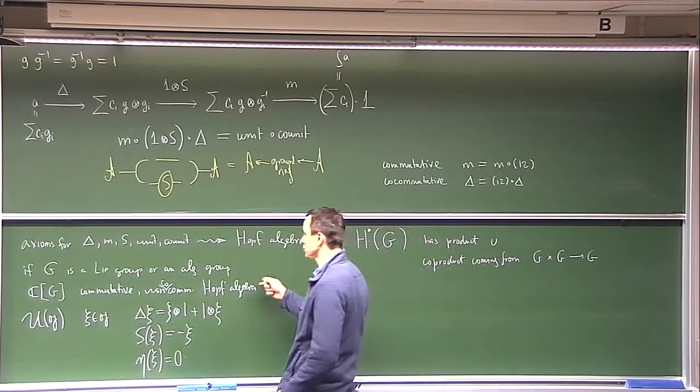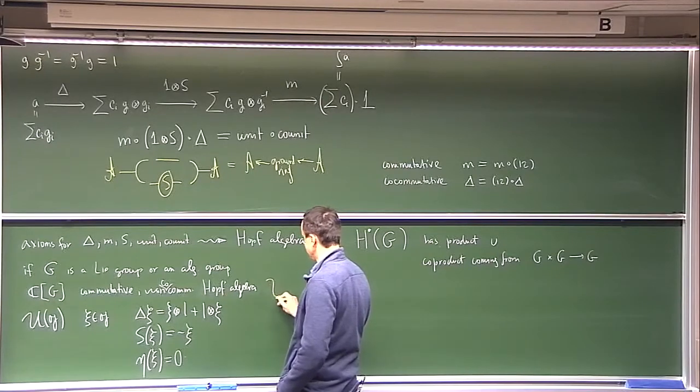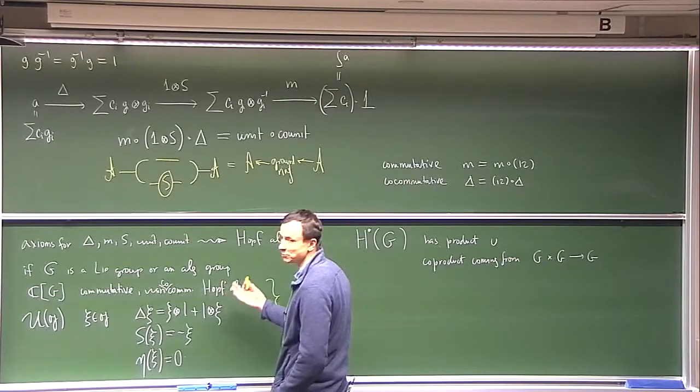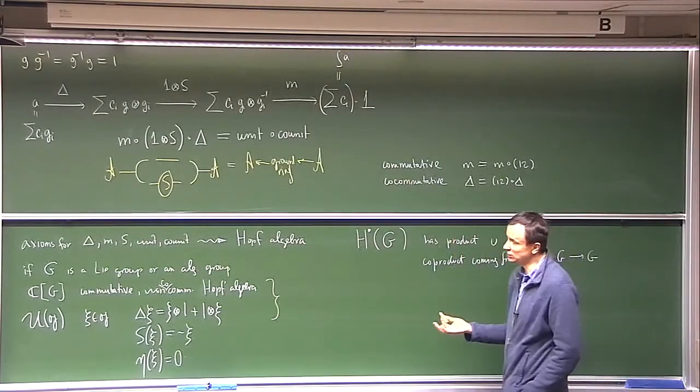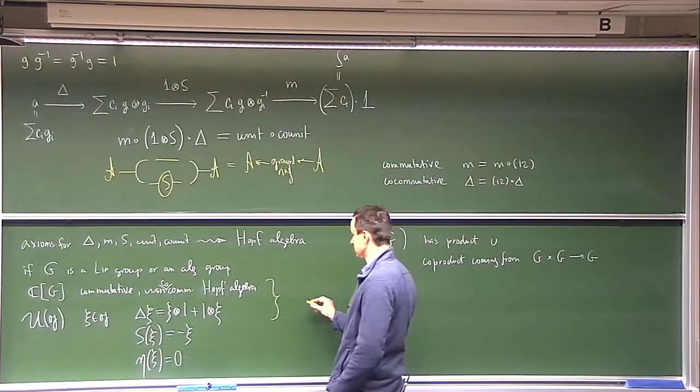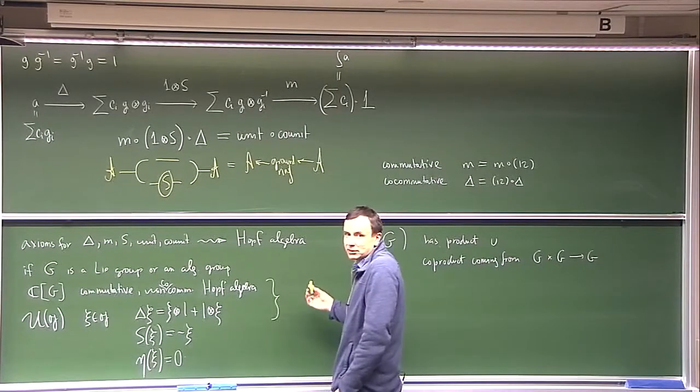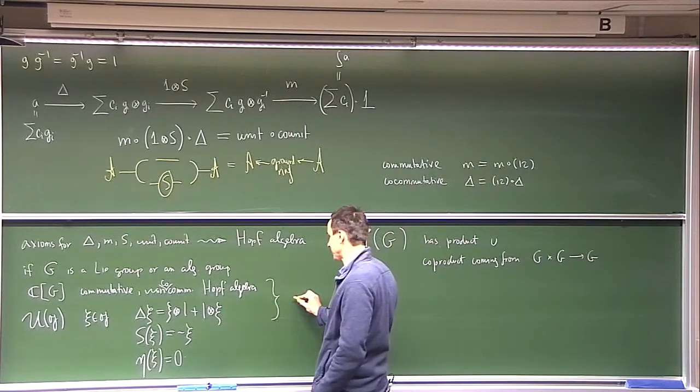So usually these two examples, their deformations in the class of Hopf algebras are usually called quantum groups. So this is what's usually called quantum groups.